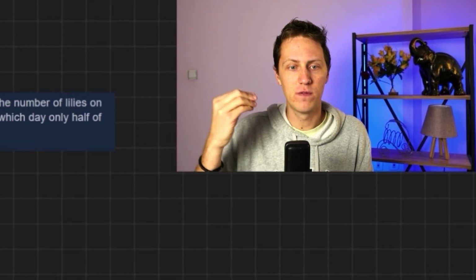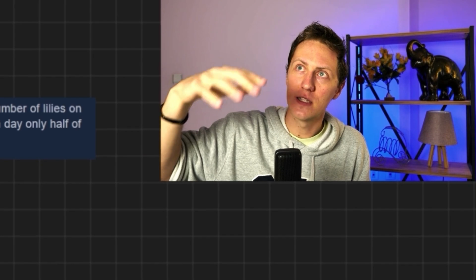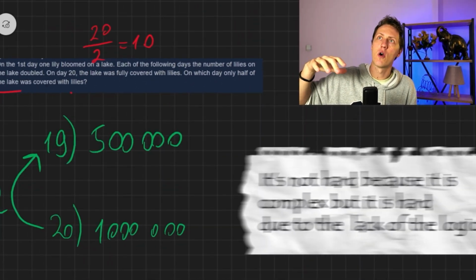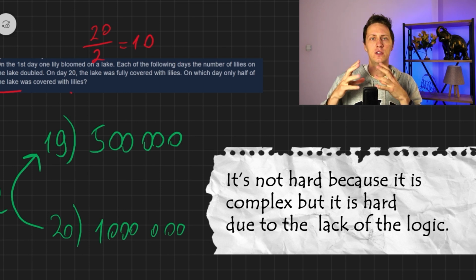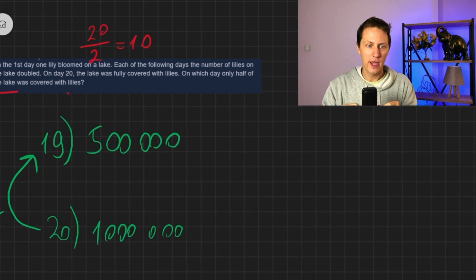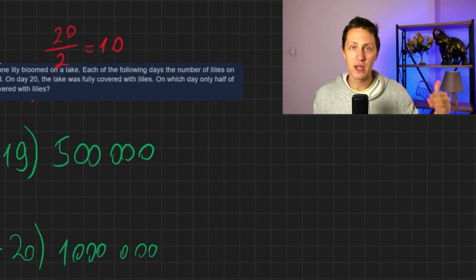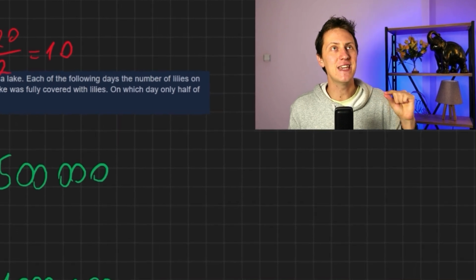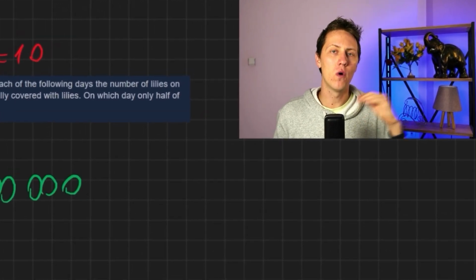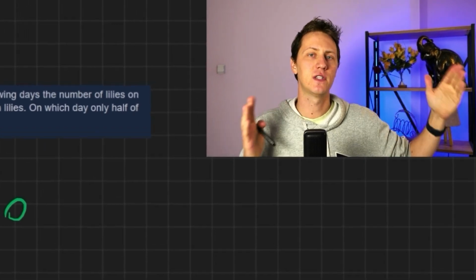Because most of the hard things in school math are not hard because they are complex, but because you lack the logic to understand complex things. Actually, all the math that you are studying while in school is super simple. It is very easy. You can learn all the school math in a couple of years. You don't really need 5 or 6 years for that.